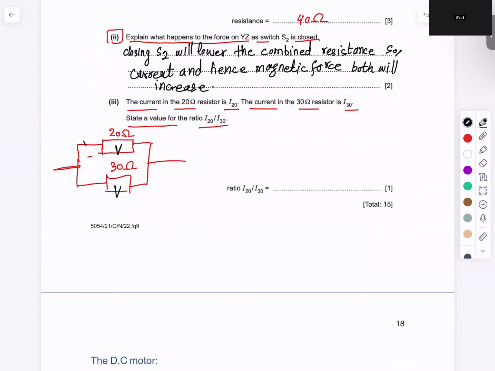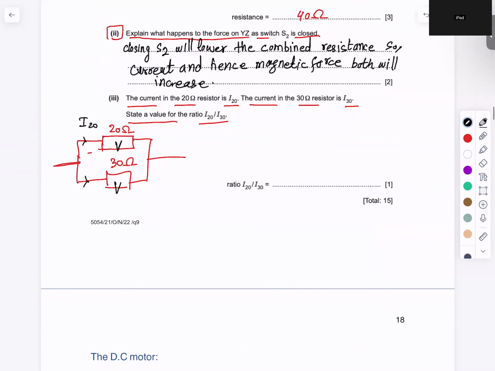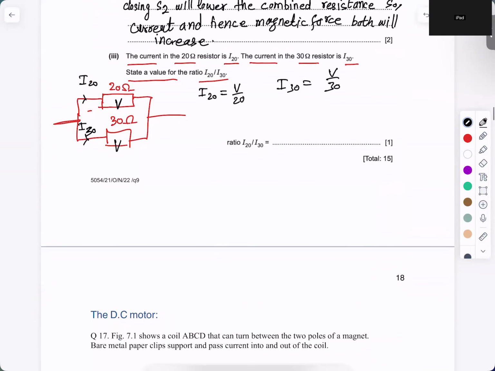However, current through 20 ohms is I20 and current through 30 ohms is I30. So I20 becomes V over 20. I30 becomes V over 30. Now we want the ratio I20 over I30.